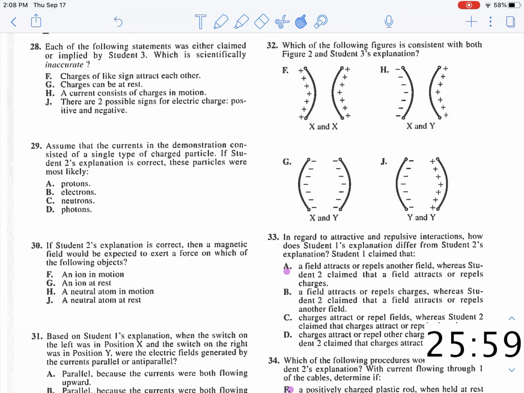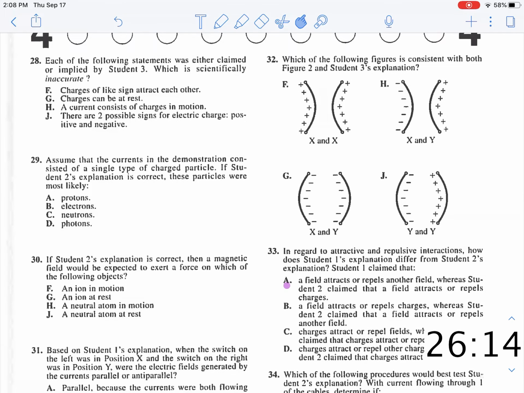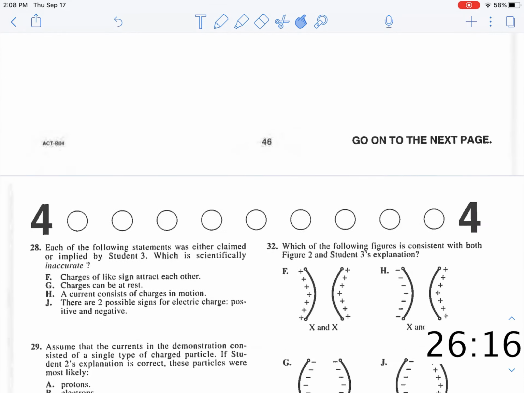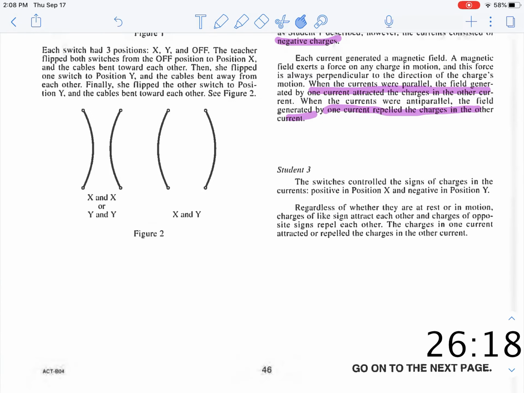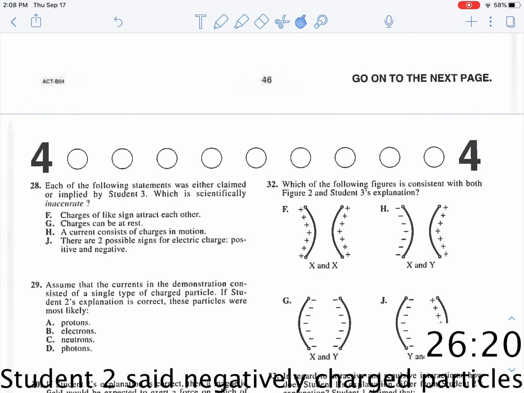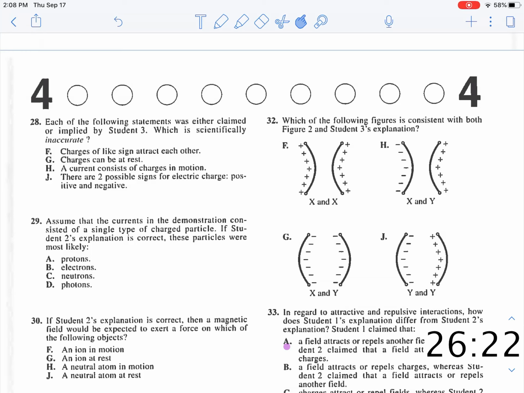Assume that the currents in the demonstration consist of a single type of charge. Student 2. Okay. Not photons or neutrons. He said negatively charged. Okay, so that'd be electrons.